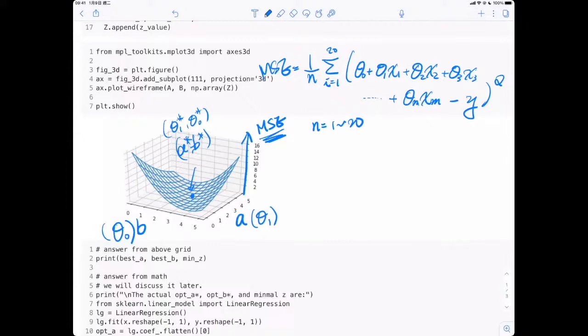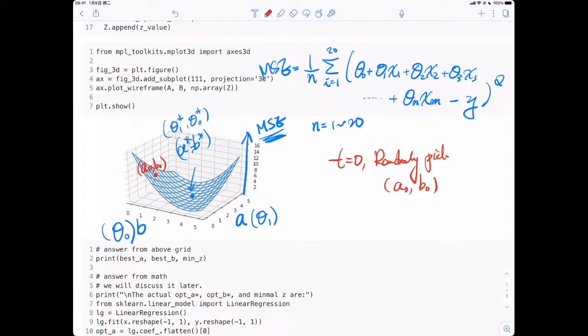One of the best ways to find this optimized value looks like this. We randomly pick an A and B value at time 0, so it might be right here, A0, B0. But apparently, it is not the optimized value of A and B.